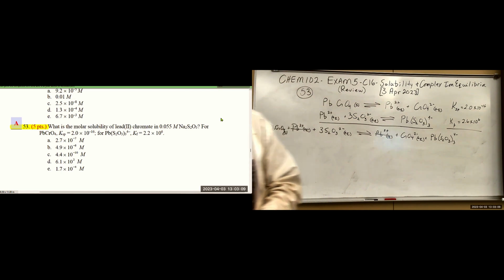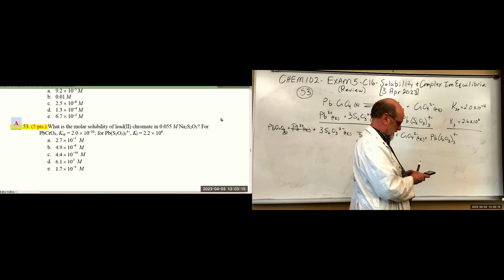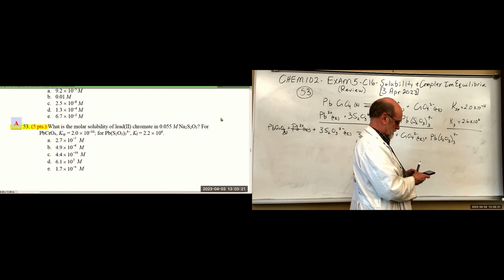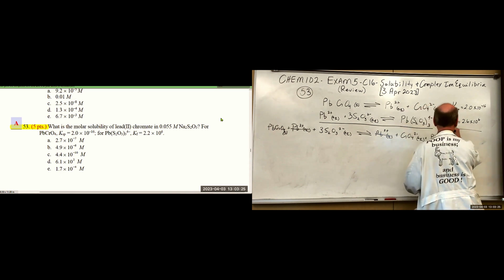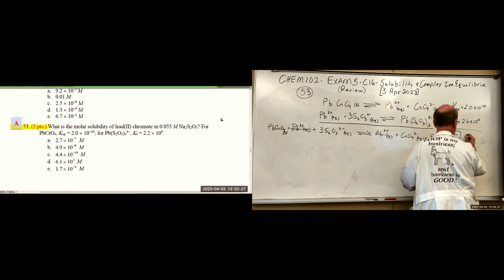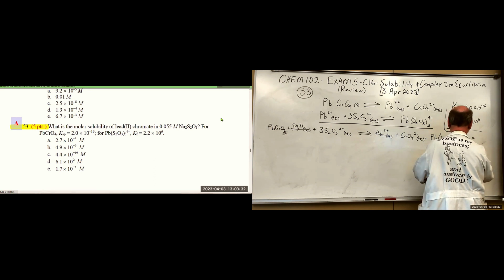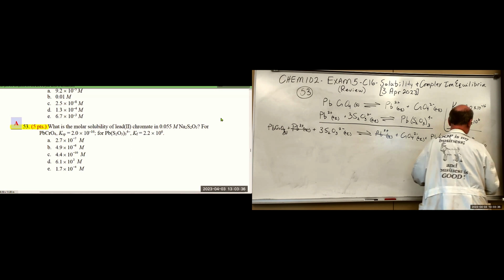So the overall equilibrium constant for this one is 2 times 10 to the minus 16 and then 2.2 times 10 to the 6th power. So I get 5.2. So the Keq here is equal to 5.2 times 10 to the minus 10.